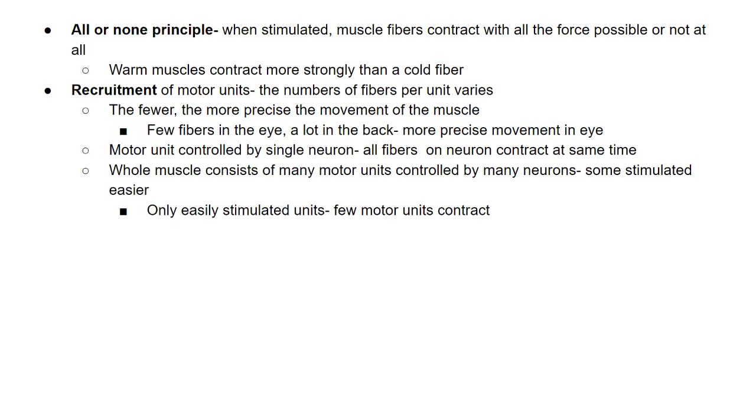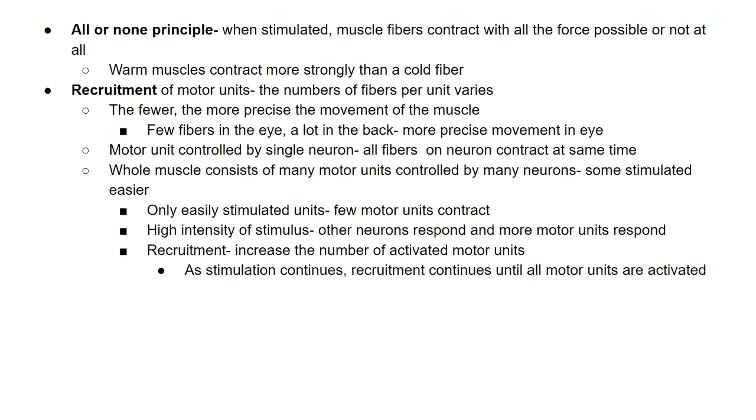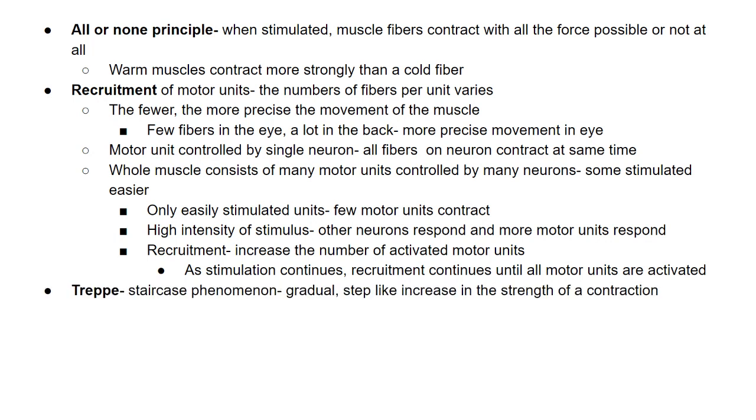So you'll recruit all of those muscle fibers when you're doing, say, a squat in the weight room. So there you go, recruitment. It's going to increase the number of activated motor units. It says as stimulation continues, recruitment continues until all motor units are activated. So that's what I just mentioned with doing your squats.